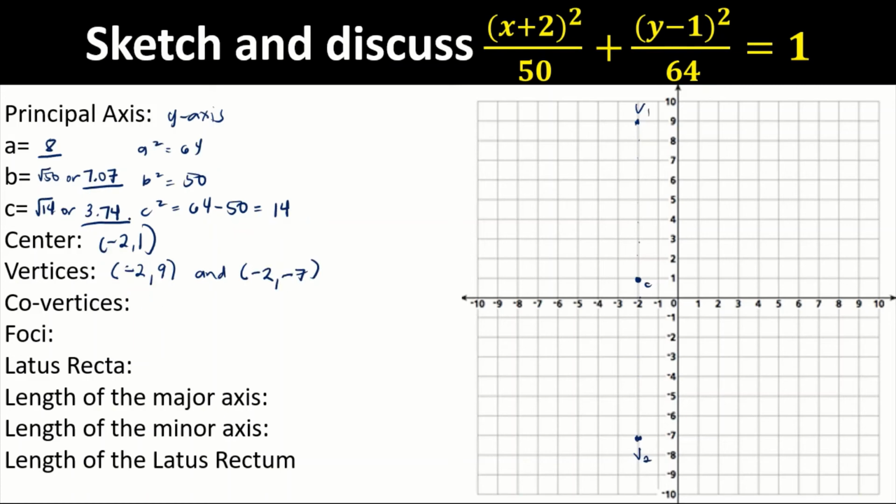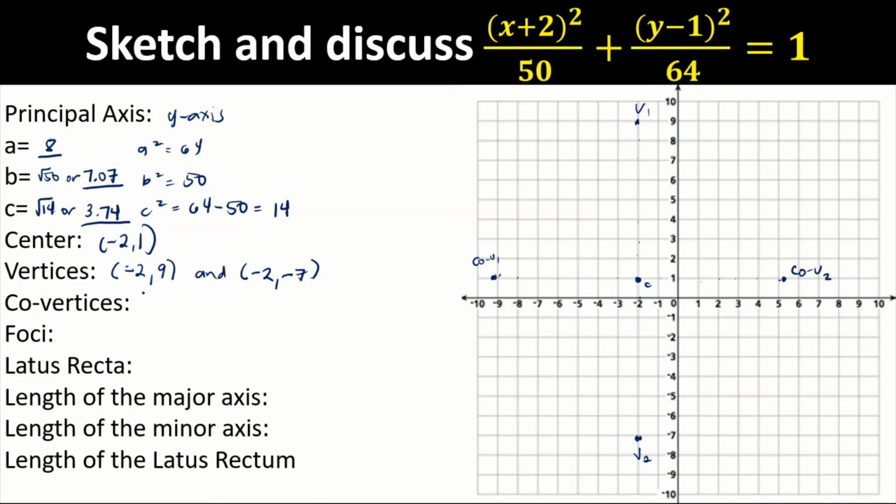Next, for our co-vertices, we have to count 7.07. 1, 2, 3, 4, 5, 6, 7, and 0.07. So, this is the co-V sub 1. Okay, and then count ulit tayo. 1, 2, 3, 4, 5, 6, 7, and 0.07. So, this is our co-V sub 2.